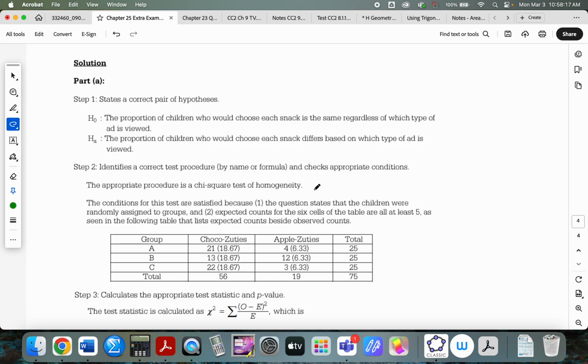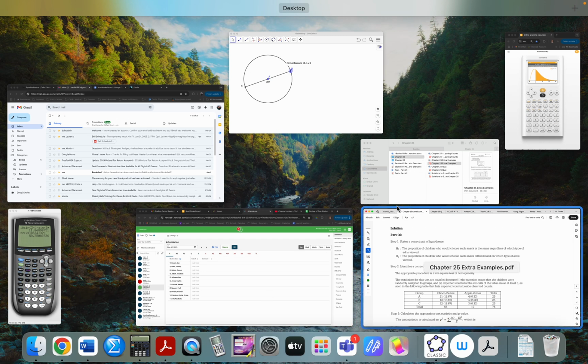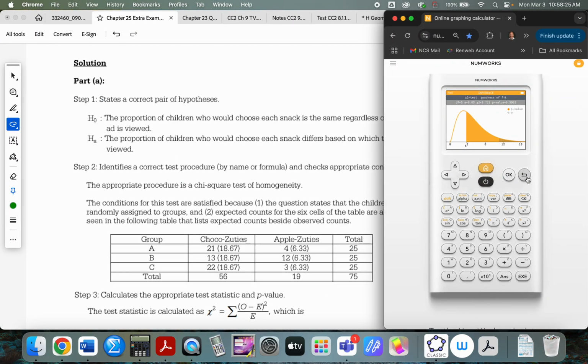Now, with those, we're going to enter them in. So this is the one where you do every individual one? Yes, but not the totals.